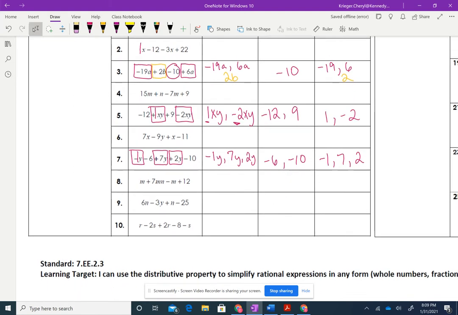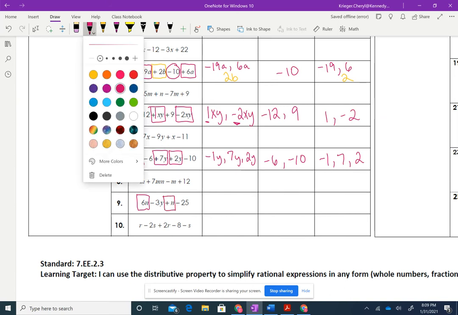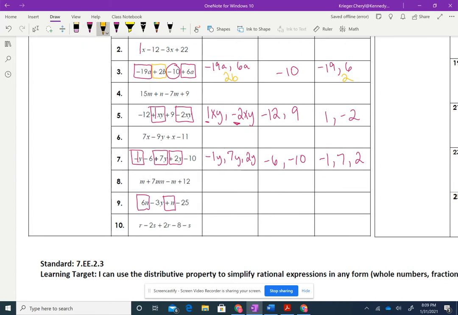All right, one more of these. 6n is a variable term. 1n is a variable term. Okay, look, we have this -3y because I want to switch it up.